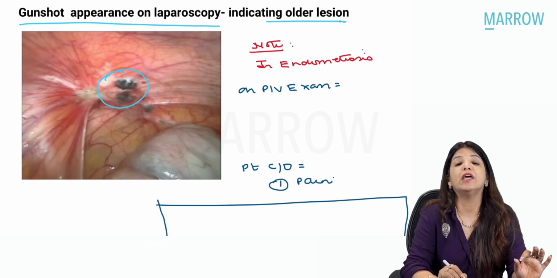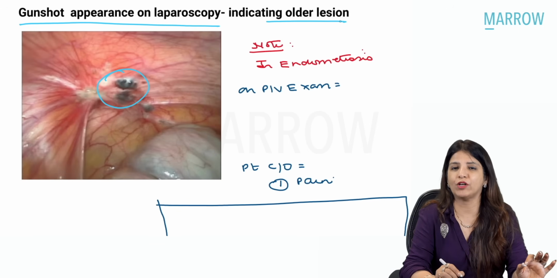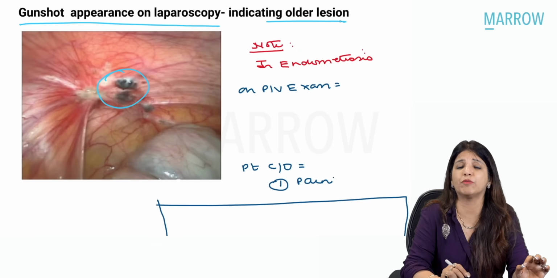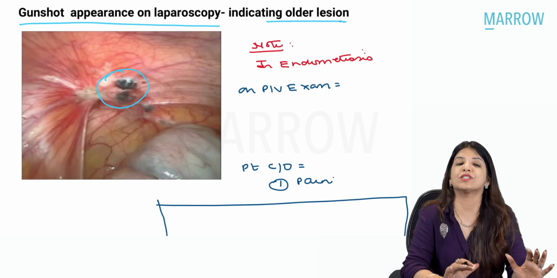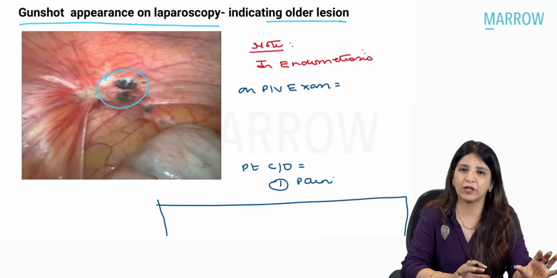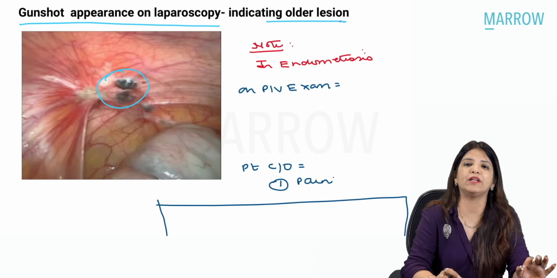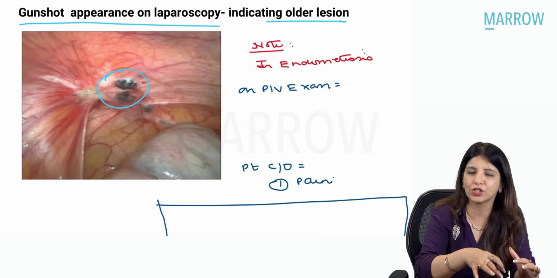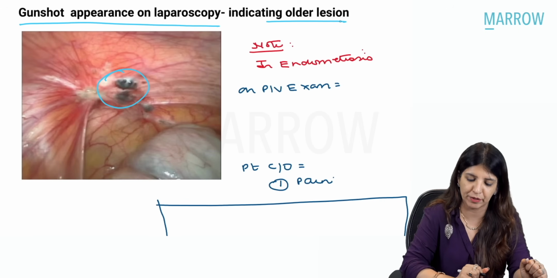Please understand, endometriosis is the presence of endometrium outside the uterus. Whenever endometrium is present outside the uterus, it is still hormonally active. So if it is present on the peritoneum, it will bleed, the blood is going to remain there and turn bluish black in color, and that gives this gunshot appearance, right?